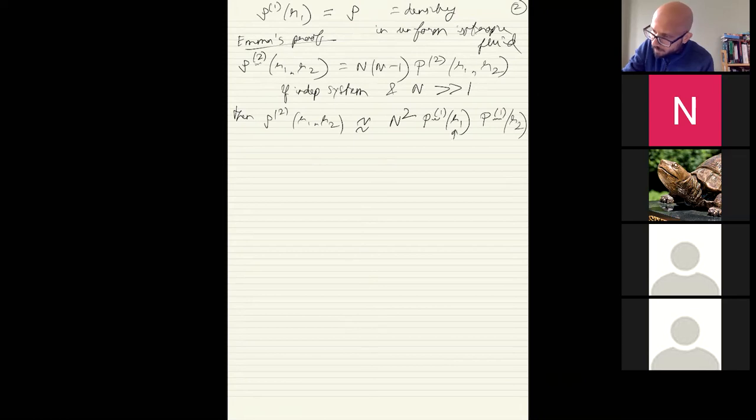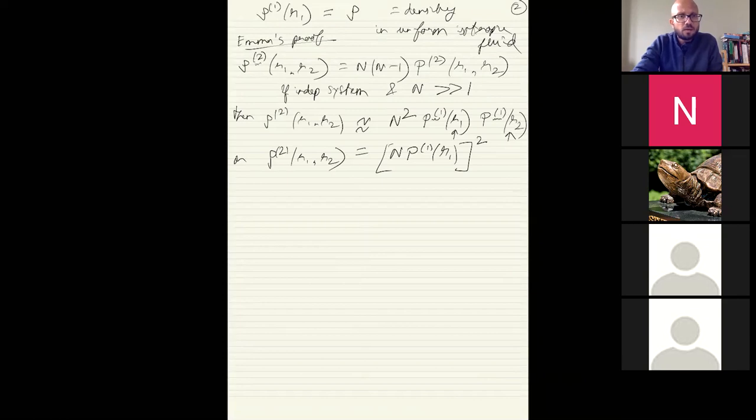I have only specified R1 and R2 differently because this 1 corresponds to a 1-particle density. Okay, now it's an independent system, so these probabilities are going to be the same. So this is going to be n P1 R1 whole squared. Emma's proof does a cleaner job of explaining this. I'm just trying to go through the ideas once again, so please look it up on Slack. It's posted over there.